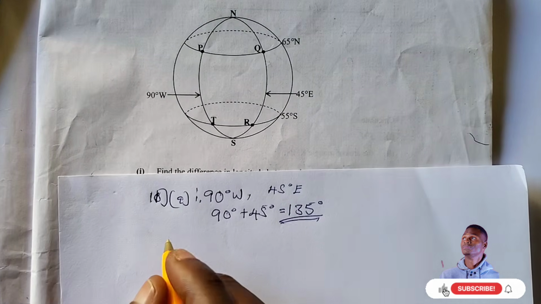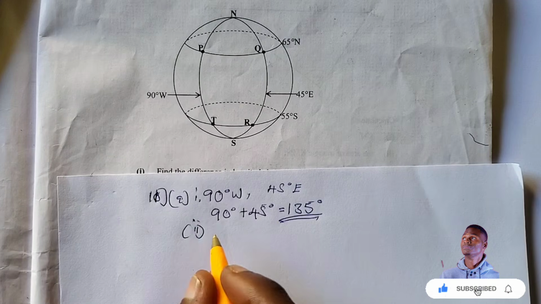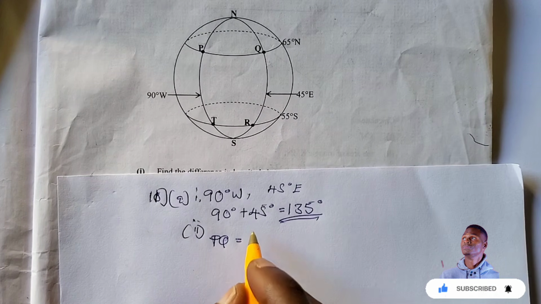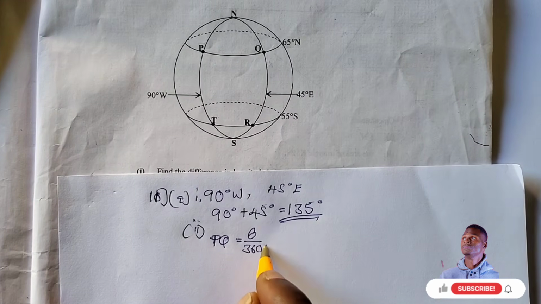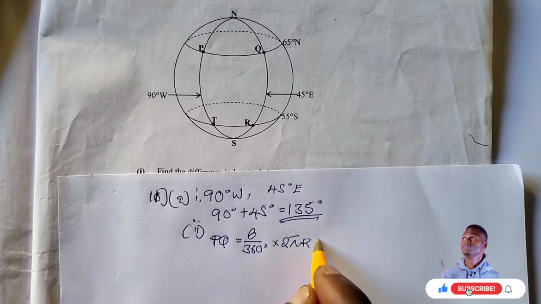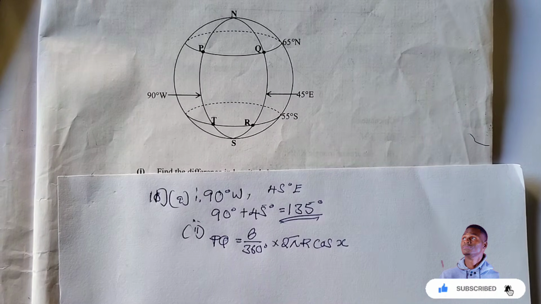It is very simple. PQ is equal to theta over 360 degrees times 2 pi r cos x.